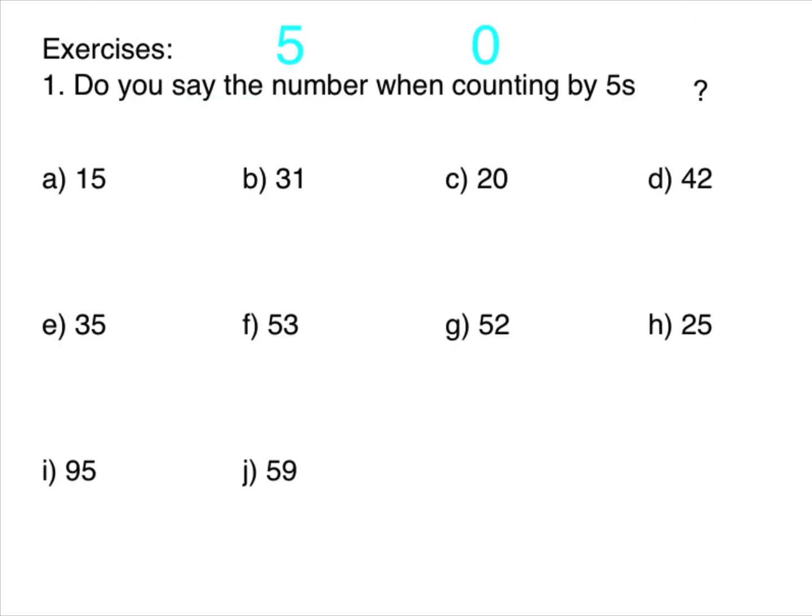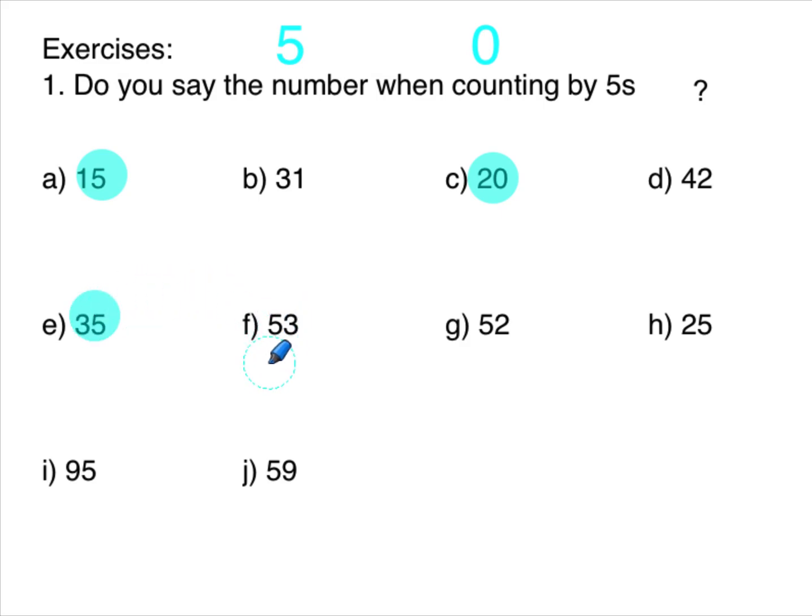So when we're counting, will we say these numbers when we're counting by fives? Has to end with a 5 or a 0. Yes? Yes. Yes? No. Yes, because it ends with a 0. No. Don't do that, Miss J. That's a no. Yes.